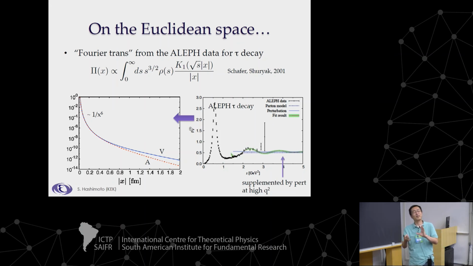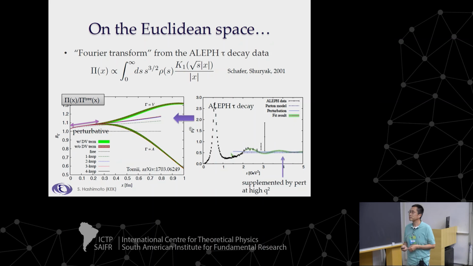It's a kind of spherical Fourier transform from the momentum space to the coordinate space, using the Bessel function. Starting from the R-ratio data on the right-hand side, I obtain the coordinate space current correlator that is expected from the experimental data that is shown there. So that I can compare this with the lattice calculation.